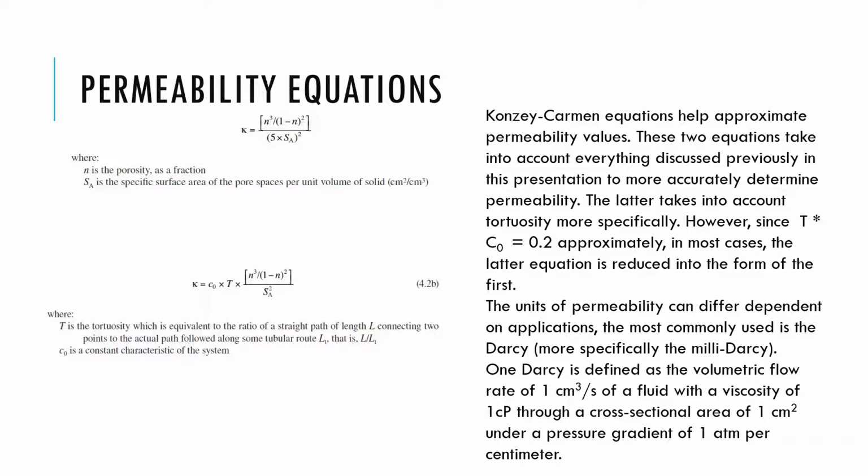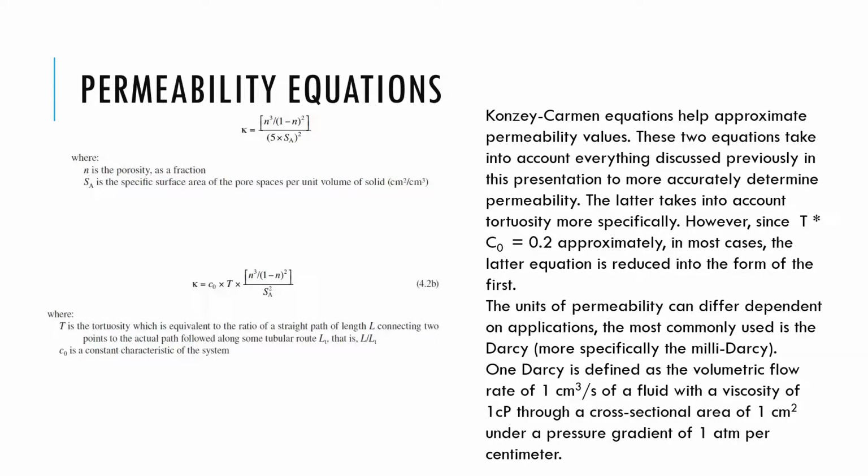So just to take a look at the first one, K equals n cubed over (1 minus n) all squared, all over 5 times (SA) all squared. So here n is the porosity as a fraction, and SA is the specific surface area of the pore spaces per unit volume.